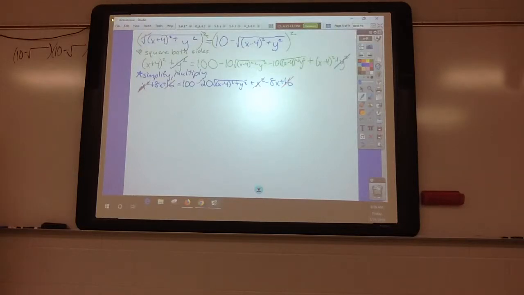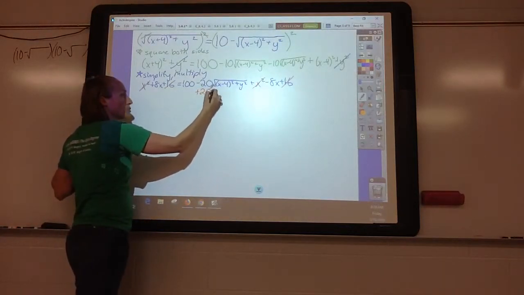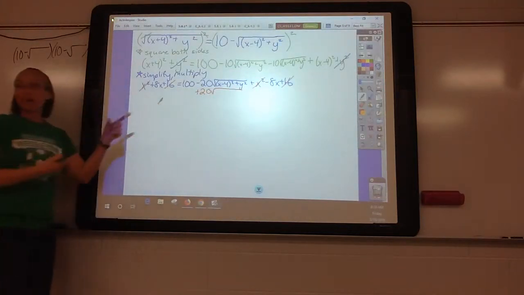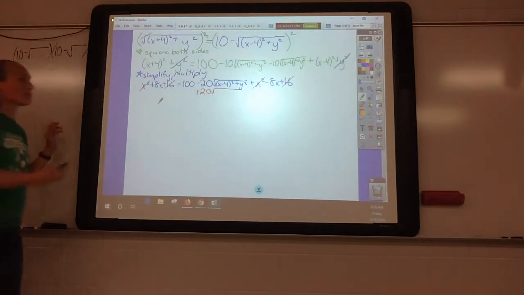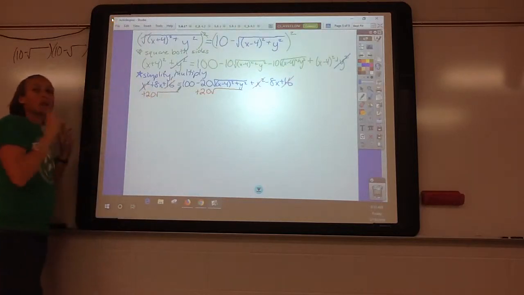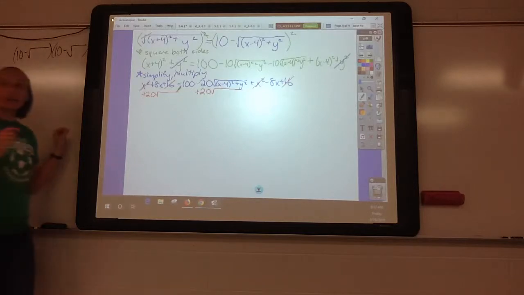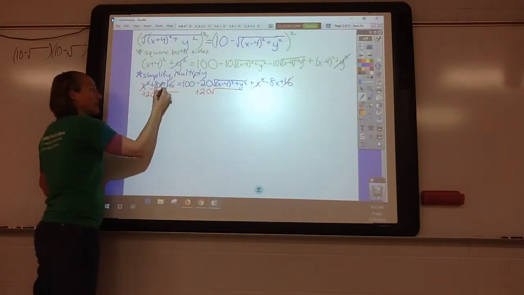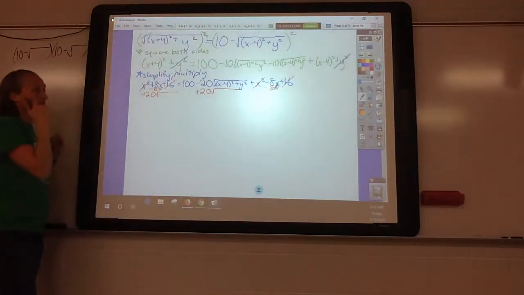I also like to keep my square roots positive, so since this one is negative here, I'm going to move this plus 20 root, and I will write this, and you guys are more than welcome to. You know you're adding everything that's under that root, then you can just write the root symbol. And I'm going to add this plus 20 root to this side, but I want the root by itself as much as I can, so that means I need to get rid of that 8x. So I'm going to subtract 8x at the same time from both sides and move it to the other side.